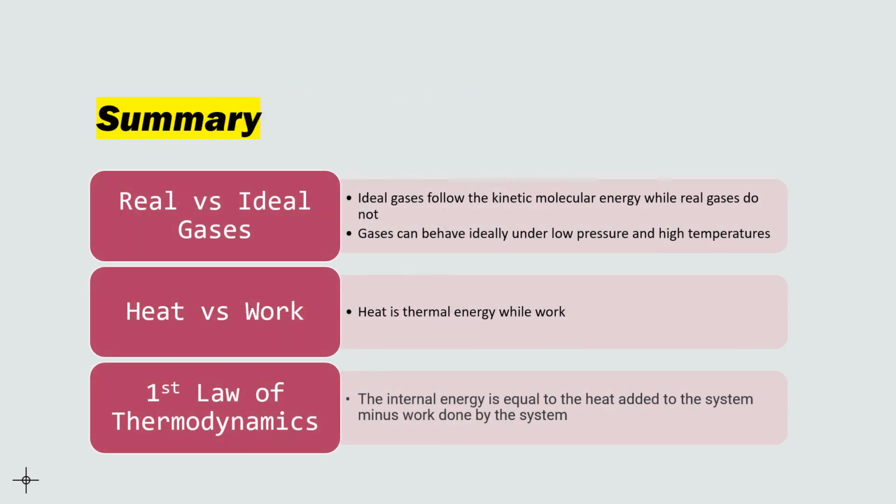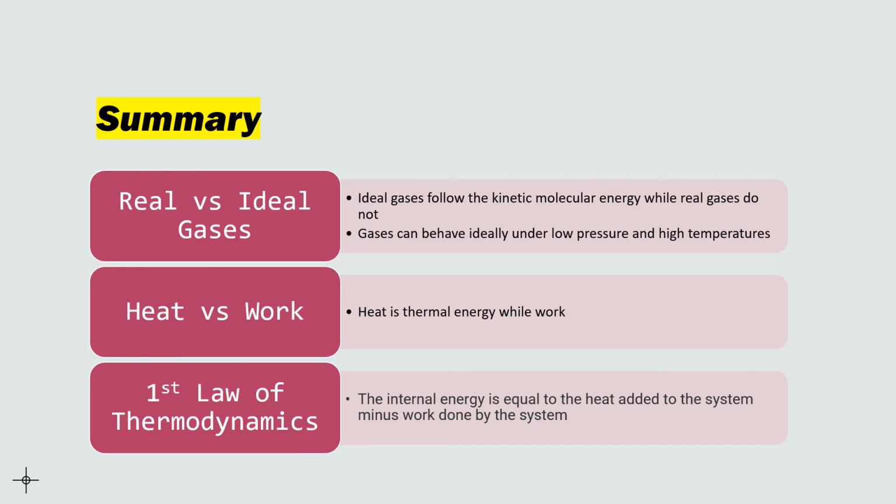Now that the lecture is over, we can move ahead with a summary of what we went over in class. For example, the main difference between real gases and ideal gases is that ideal gases follow the kinetic molecular theory, while the real gases do not. There are no ideal gases, but there are gases that can behave ideally under low pressure and high temperatures.